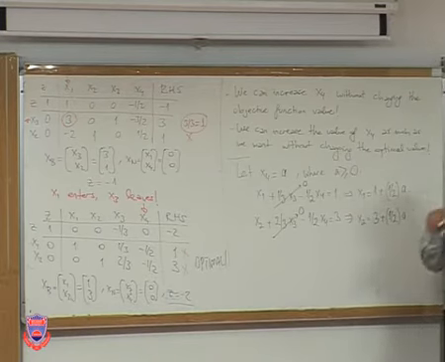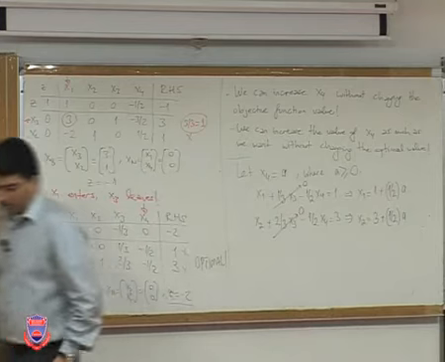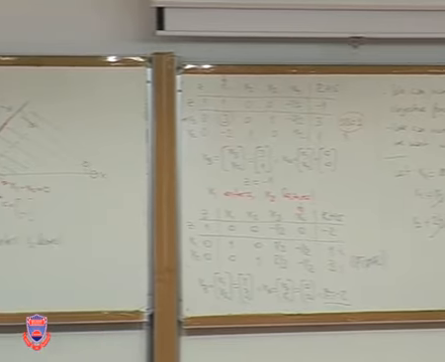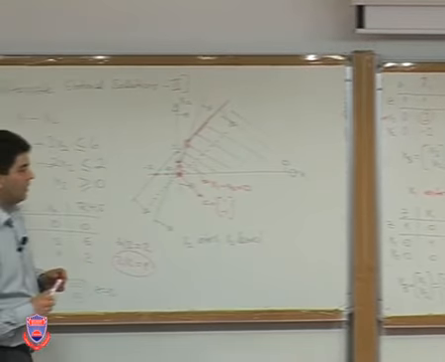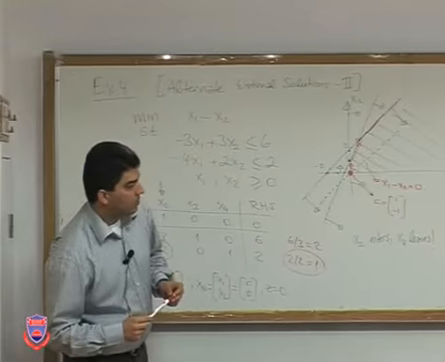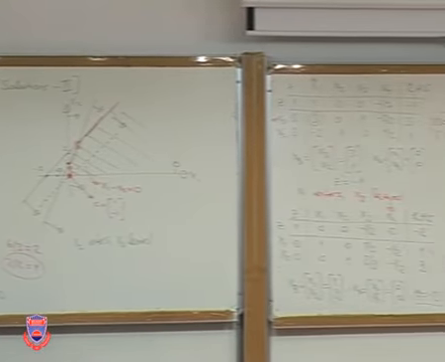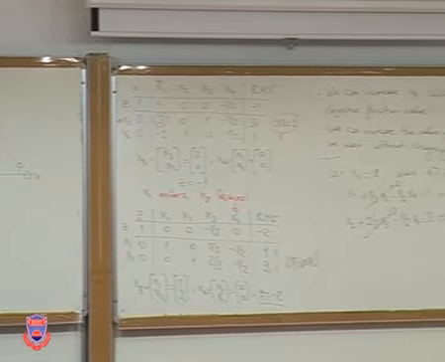Now let me go back to my picture. For example, if a is equal to 1, then the value of x1 will be 1 plus 1 over 2, which is 3 over 2, and the value of x2 will be 3 plus 1 over 2, which is 7 over 2. Now, what's the corresponding solution on this picture?